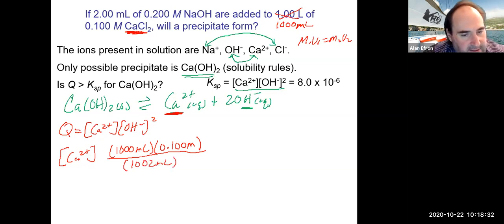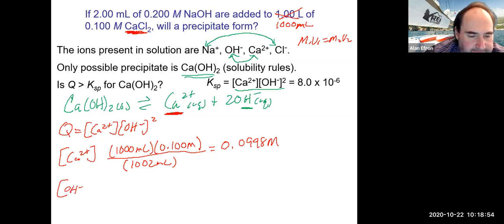Again, 1,000 milliliters of calcium chloride, and we're dumping 2 milliliters of sodium hydroxide in there. And that gets you something like 0.0998 molar for our calcium.